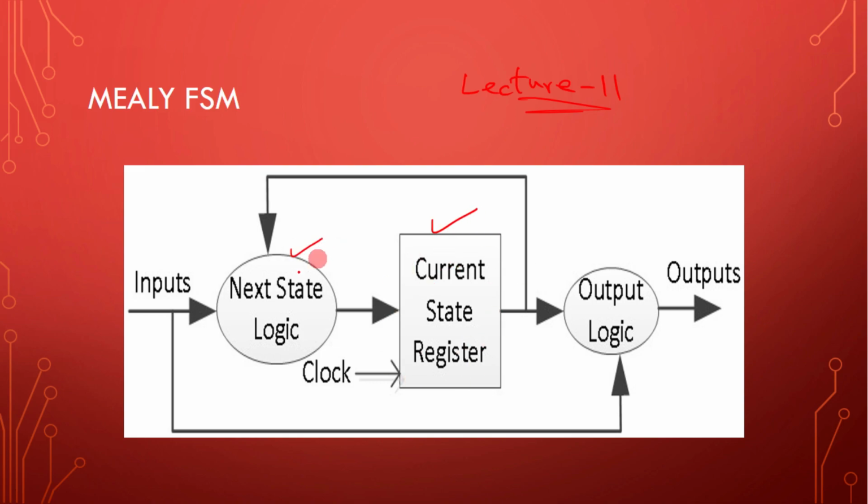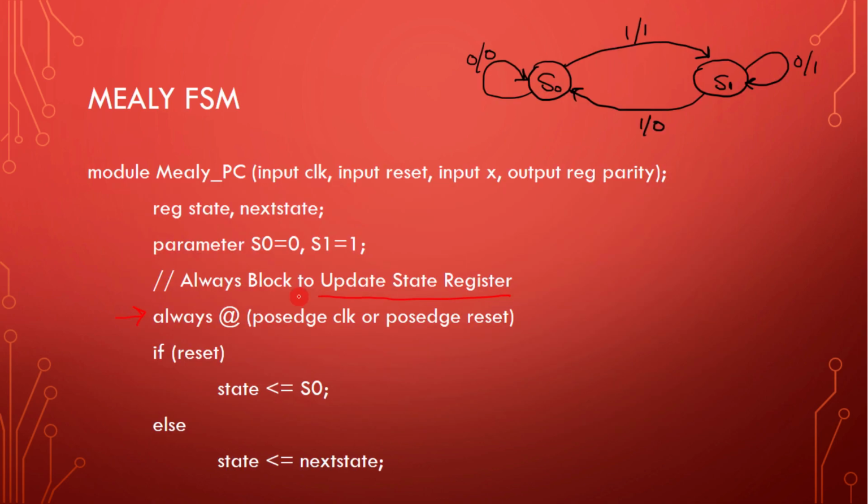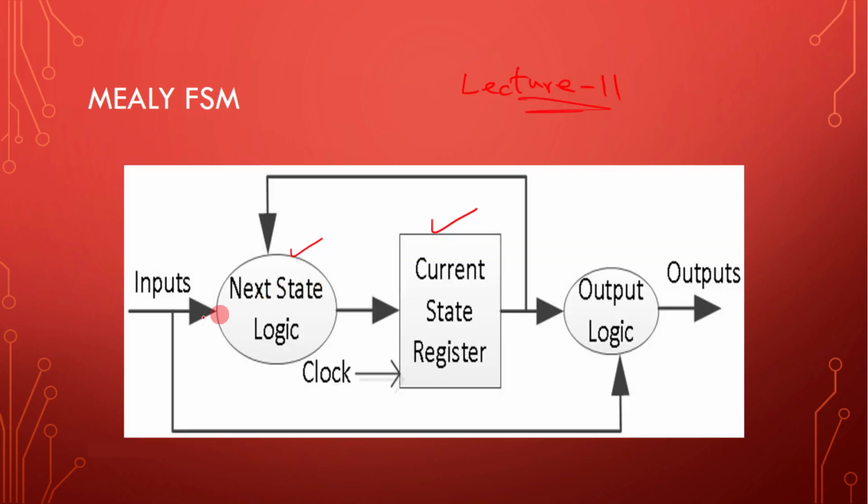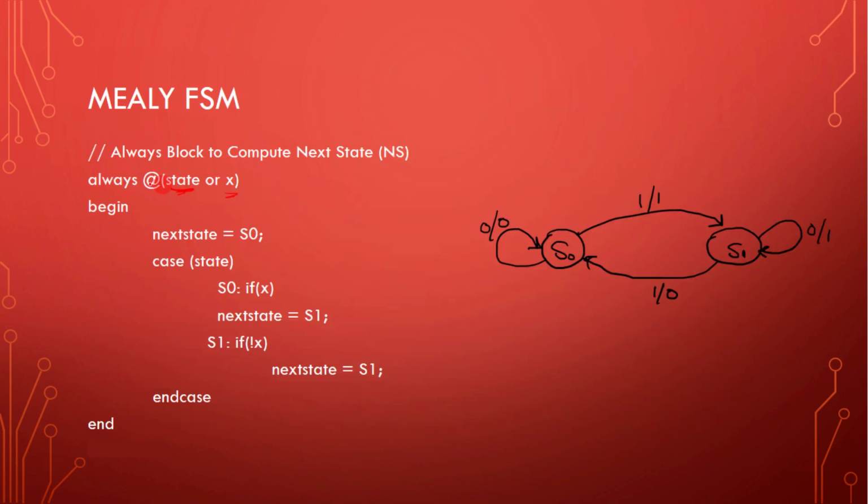Now come to this block, which is next state combinational logic. So this is the second cyclic behavior. Here, as you can see, this block is sensitive to change in state as well as your input. As it is the requirement of Mealy type machine, it needs input as well as the state, which is the present state. So this block is sensitive to change in state or your input.